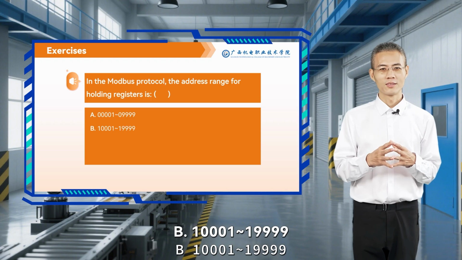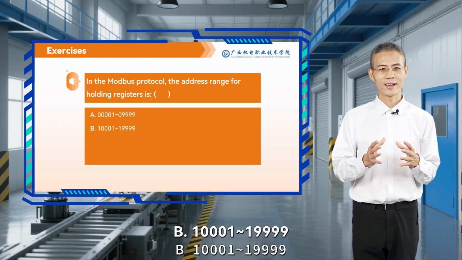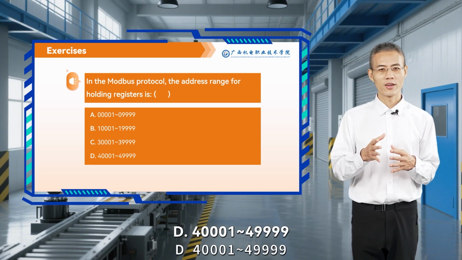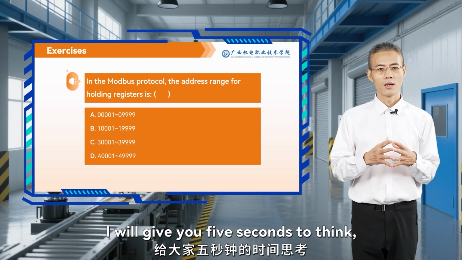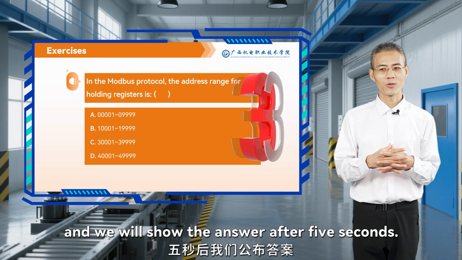B. 10001 to 19999. C. 30001 to 39999. D. 40001 to 49999. I will give you 5 seconds to think, and will show the answer after 5 seconds.